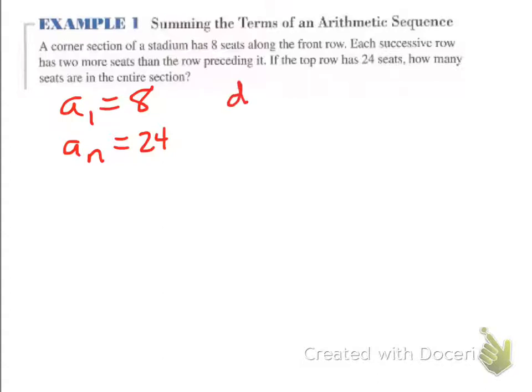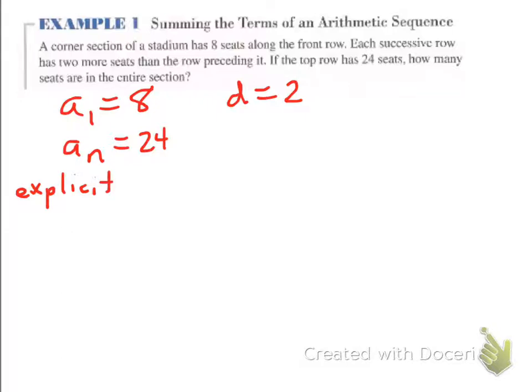Now, the common difference: it says each successive row has 2 more seats, so the common difference is plus 2. Now, I need to find out how many rows there are. So I'm going to use the explicit formula.